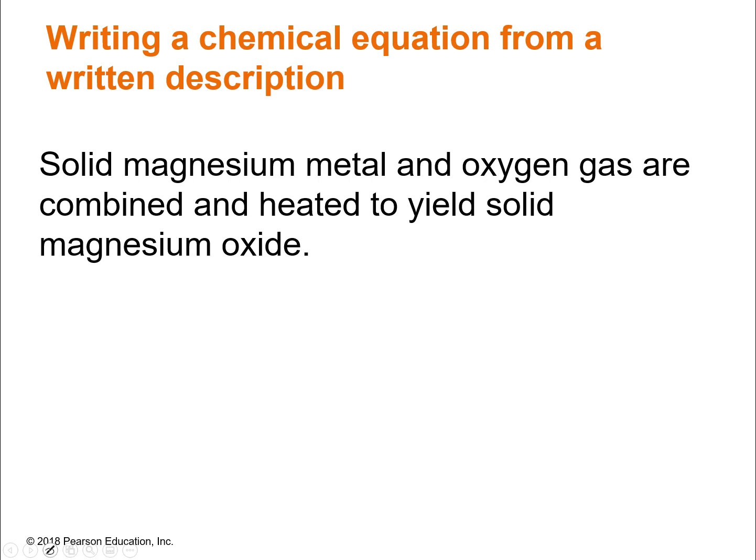I'm going to go through and circle everything that is a reactant. So we have solid magnesium metal and oxygen gas are combined. Okay. We've hit that are combined, so that means that everything before it, we're talking about reactants.